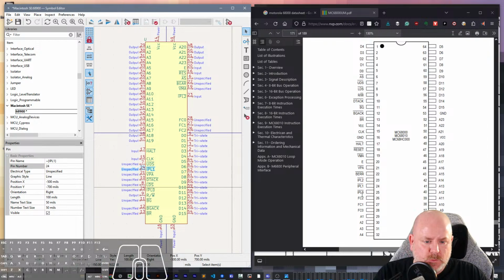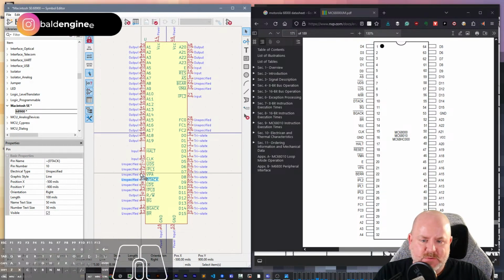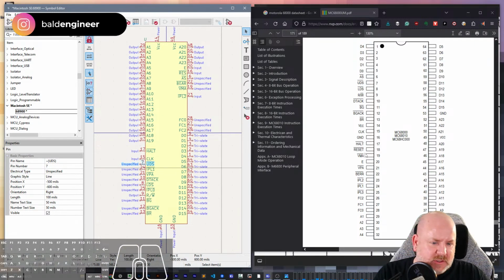No. IPL 012. What am I? I just got myself confused because I'm going back and forth. I'm trying to go up the one we built. So 8 is LDS, 10 is DTACK. I verified that. 21 is VPA. 7 is UDS. I think I already did that one.